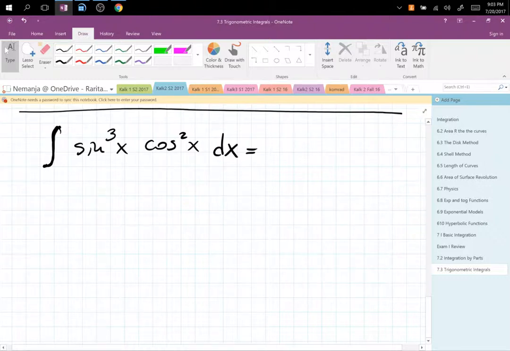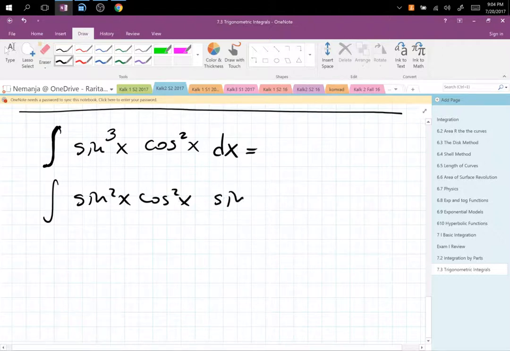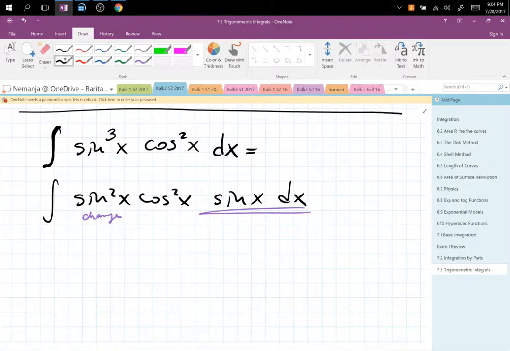So the first order of business over here is for me to write sine squared x cosine squared x times sine x dx. So this is the part which I'm going to set aside, and this is the one that I have to change here so that I can have everything in terms of cosine, so that I can say u equals cosine.